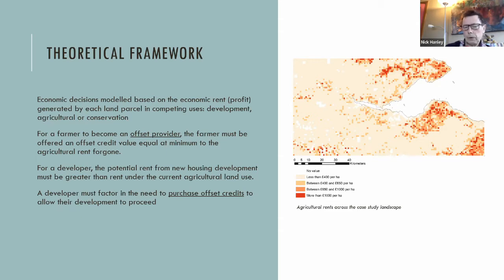And so essentially, we've got the same setup as we had before. The supply side of the market is farmers who are deciding to switch from agriculture to conservation land use. And I'll be clear what that is in a minute, the conservation land use. And then on the demand side, you can think of them as house builders. And we observe that there's a lot of heterogeneity across space here in the rents from farming, so the profits you can make from farming, but also in the implicit rent of any grid square in terms of its return for new housing.